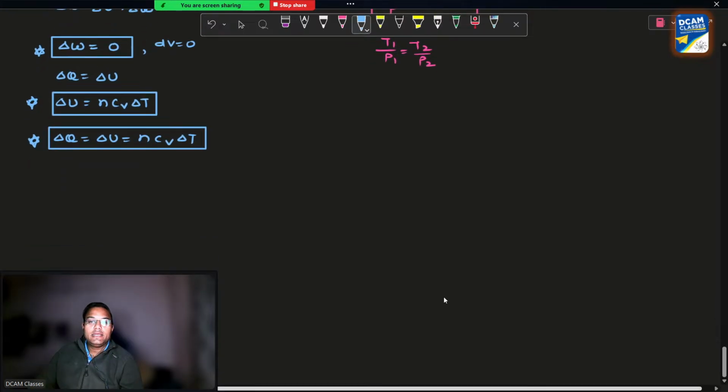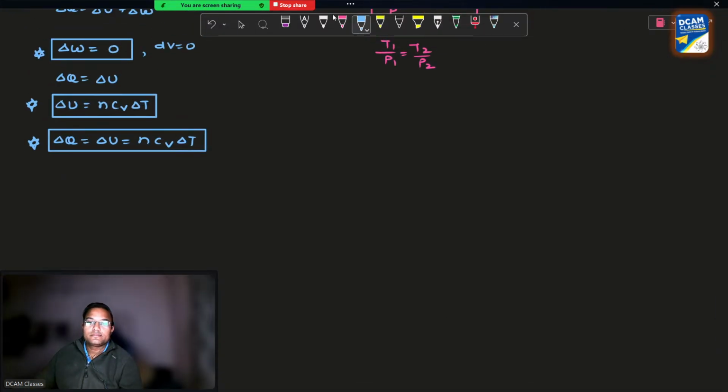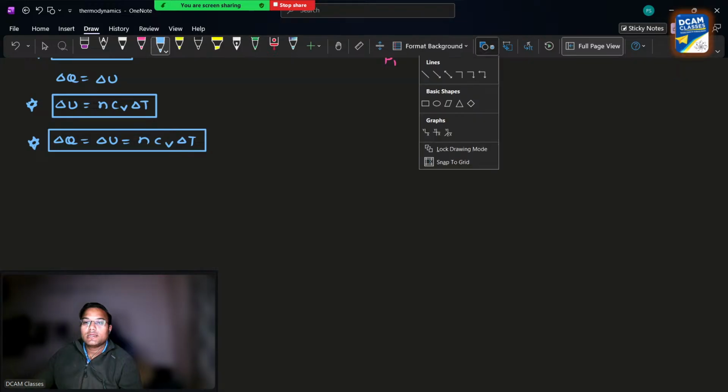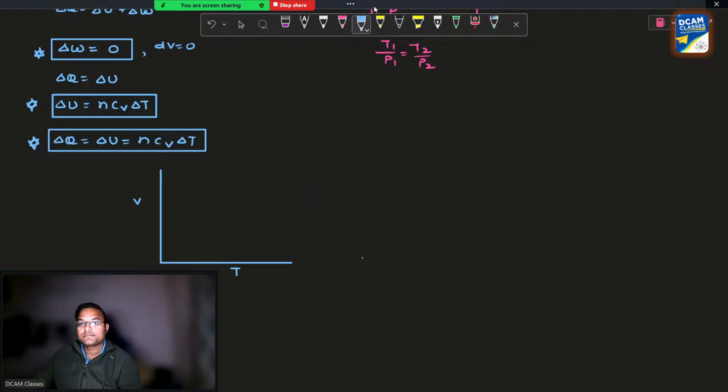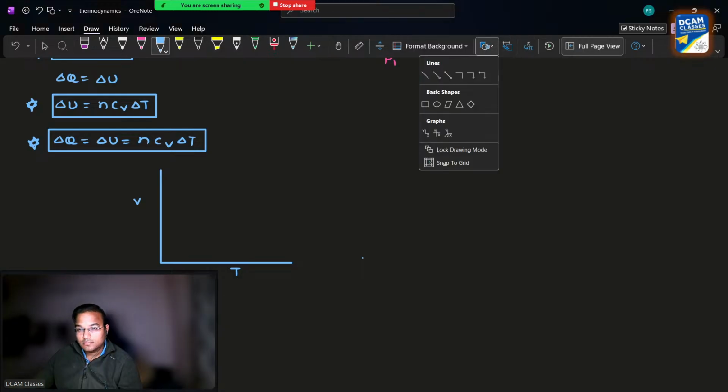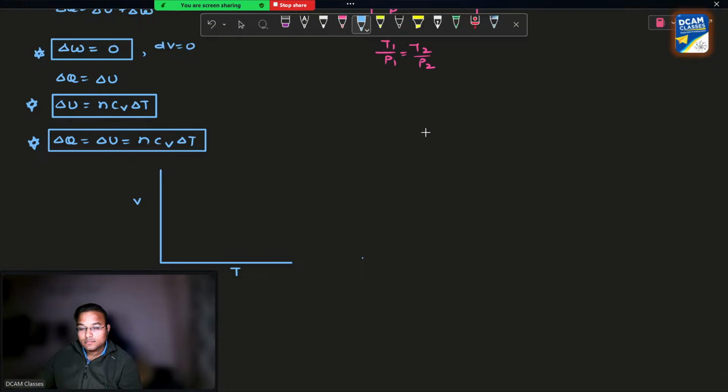Now quickly draw the graph. I'll give you 3 graphs. VT graph, VP graph.